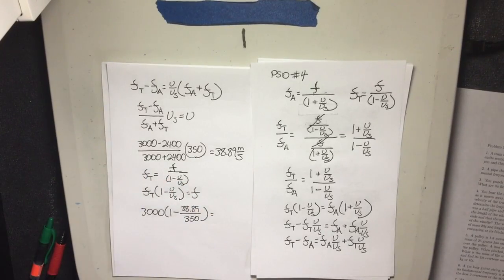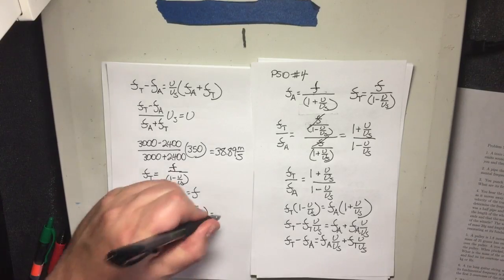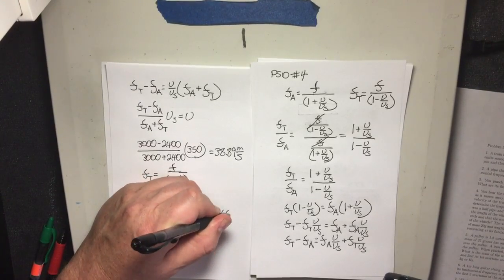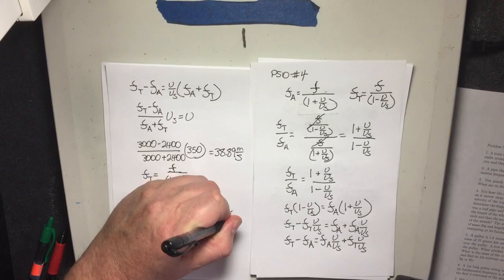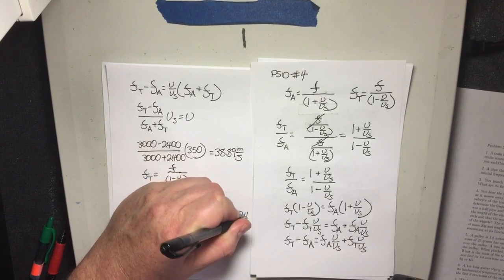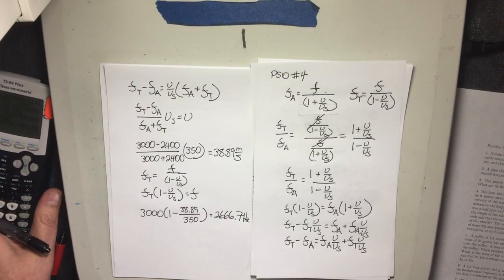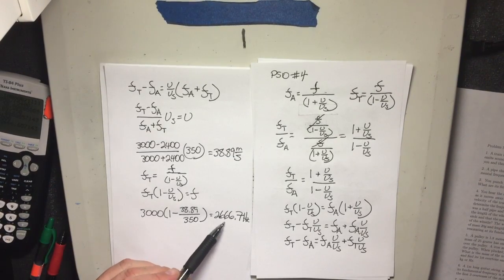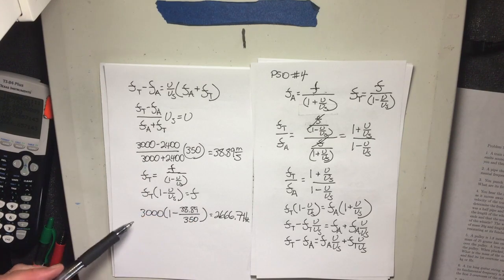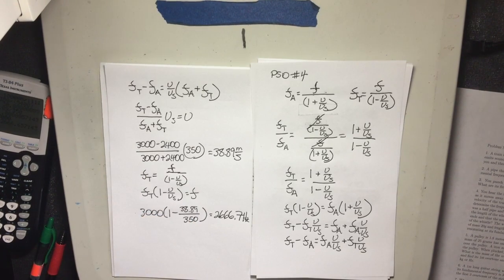And that gives me a frequency of 2666.7 hertz. And so that's the frequency of the whistle on the train. This frequency at that velocity coming at you would produce a frequency of 3,000 hertz.